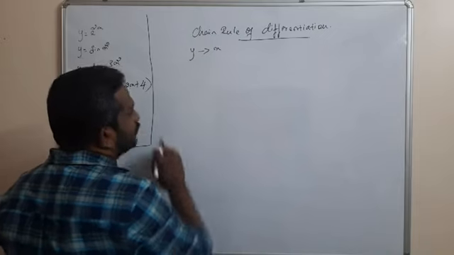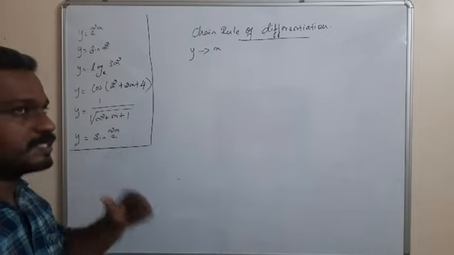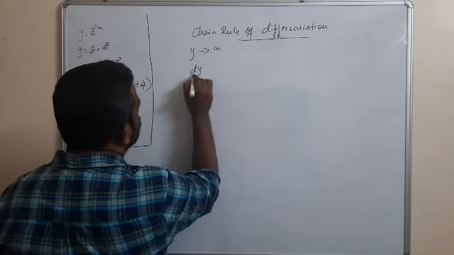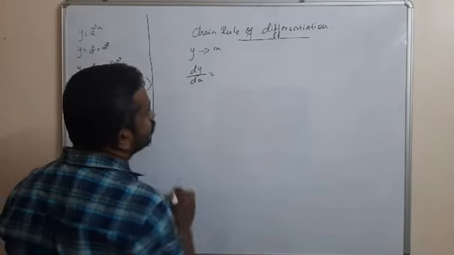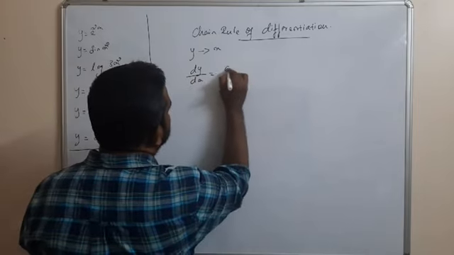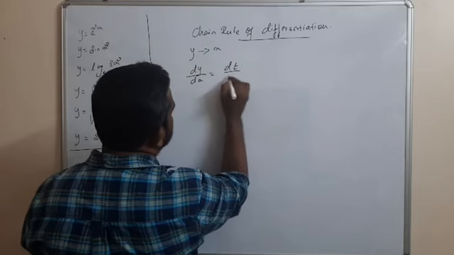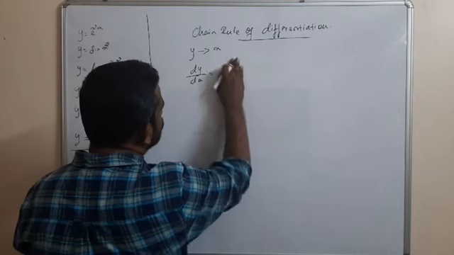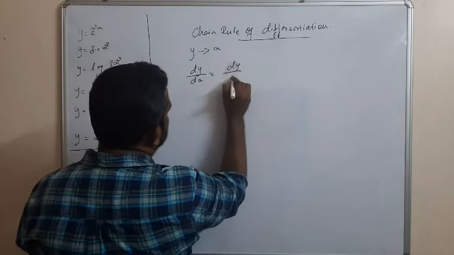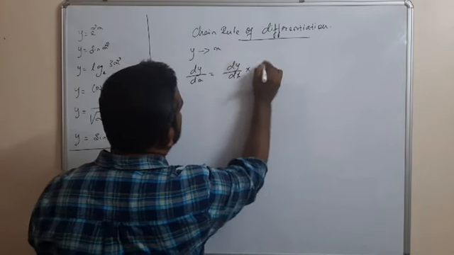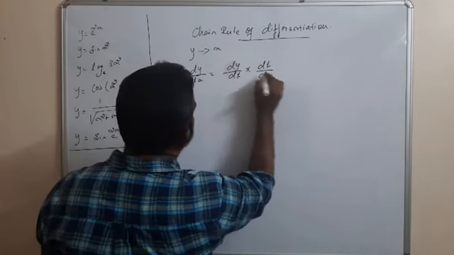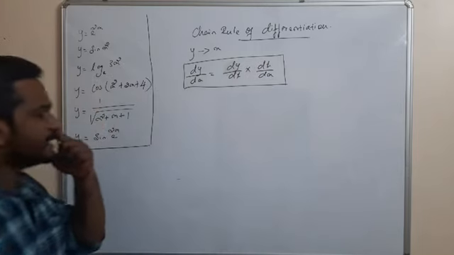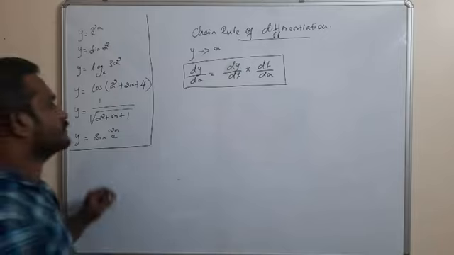So the derivative of y, that is the differentiation of y with respect to x, is dy by dx equal to dy by dt into dt by dx. So this is the chain rule of differentiation.